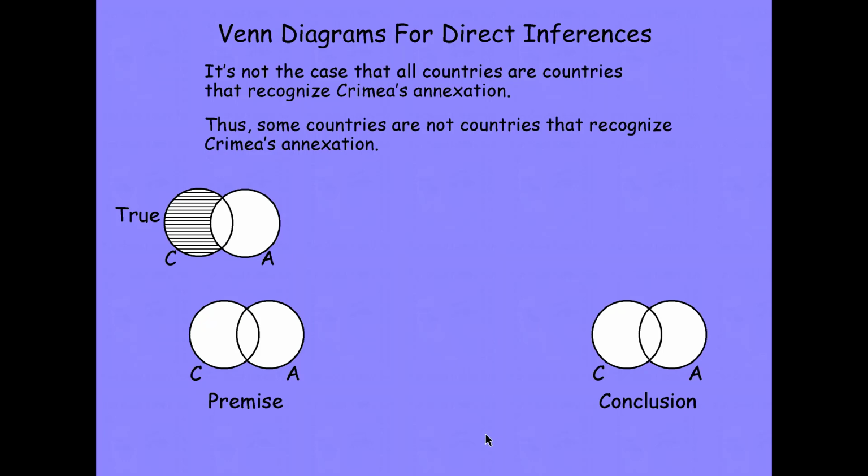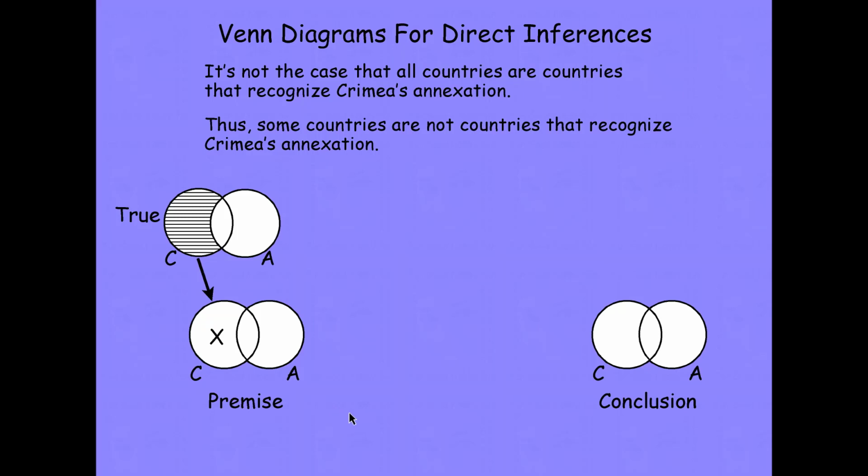If we want to make our whole premise true, our premise asserts that that standard form categorical statement is false. And so we look and say, okay, what do I need to make it true? I need this area to be empty to make it true. If our premise says that it's false, to make our premise true, I'll have to make sure this can't happen. And so I'll add an X to that area so that it can't be the case that this area is empty because it has at least one member.